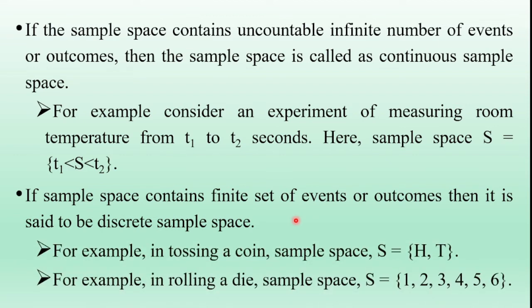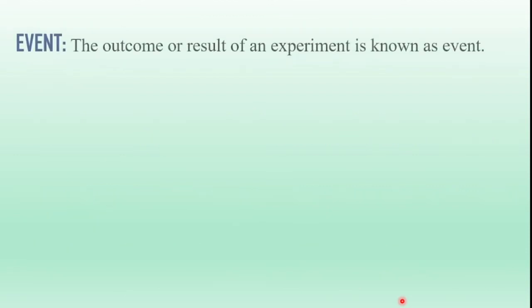Examples of discrete sample space: in tossing a coin, the sample space S is equal to head and tail. And rolling a die, the possible outcomes of the sample space are 1, 2, 3, 4, 5, 6. So that is a discrete sample space.